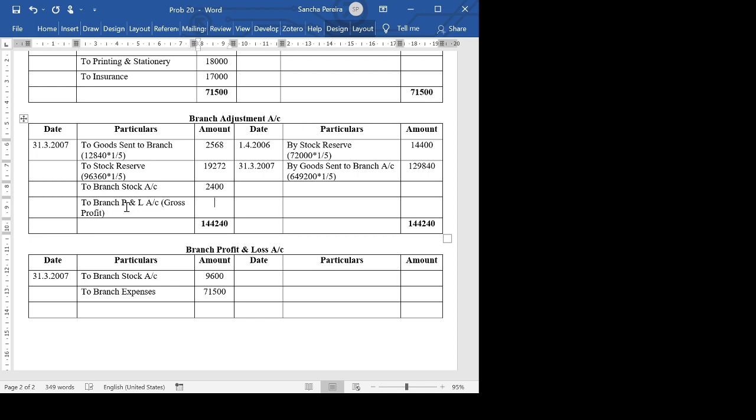That comes to minus 2,568 minus 19,272 minus 2,400, which comes to 1,20,000.